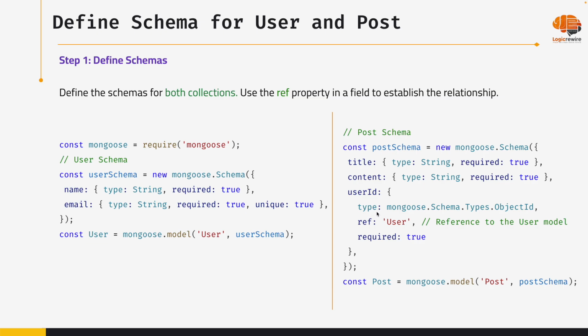Okay, and then, see, every collection, every document will have an object ID, right? Post also has an object ID, user also has an object ID. If one more collection is created, there also an object ID will be there. But that object ID belongs to which collection? Either the user collection, the post collection, or another collection. That is the reason I'm telling this is a user object ID which belongs to the user collection.